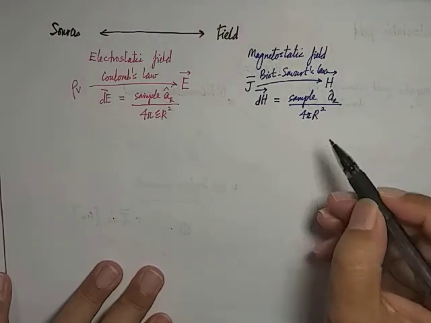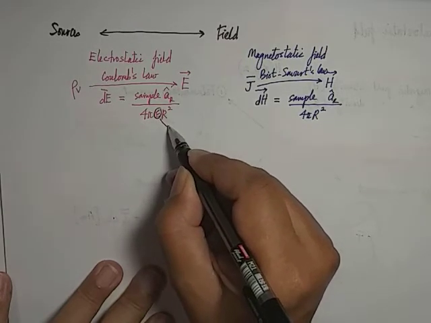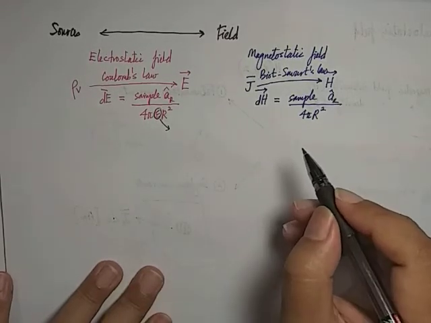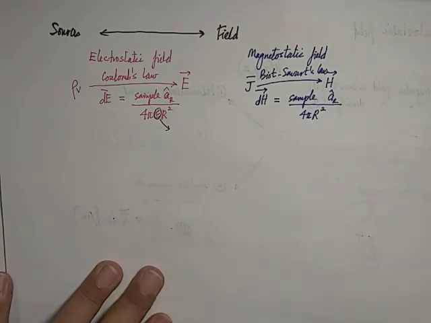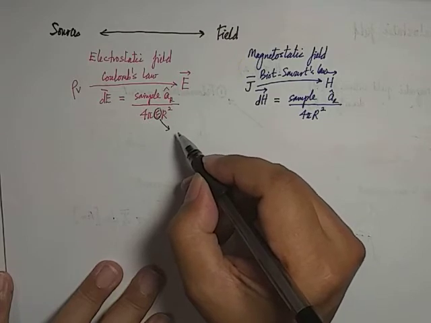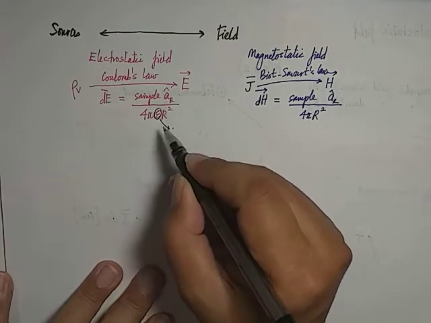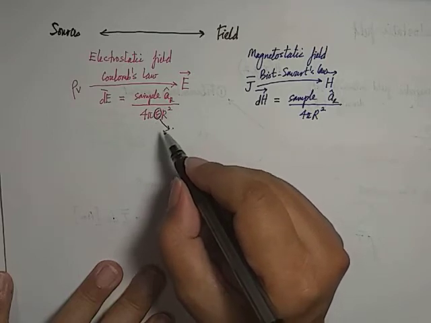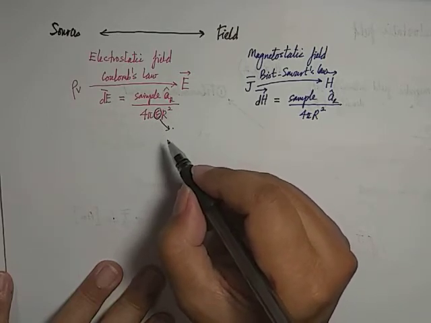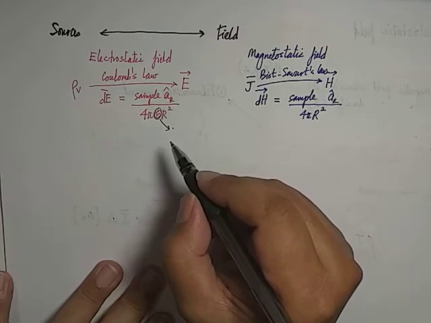There's no epsilon. Why? Epsilon here, as what we have learned before, how the material responds to which field? Yes, electric field. Remember when we talk about dielectric under static conditions? So the material responds to electric field. Epsilon is the parameter that determines how the given material responds to electric field only.